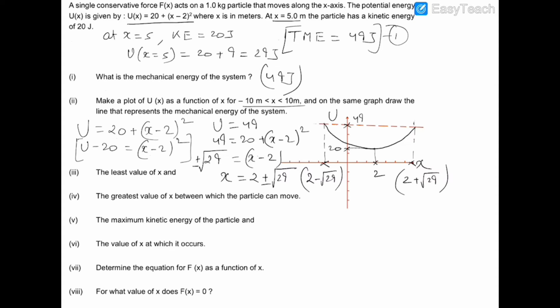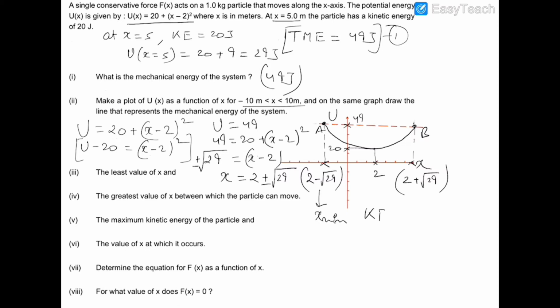Now the least value of x will be this one. This is x minimum, because at this point the potential energy is completely equal to the total mechanical energy and the kinetic energy at this point is 0. If this point is A and this point is B, the kinetic energy at A and B will be 0.